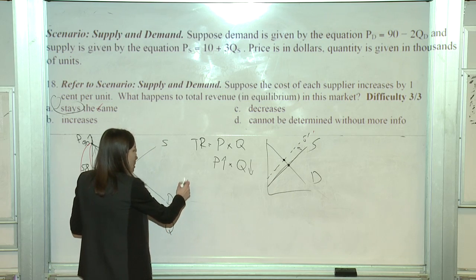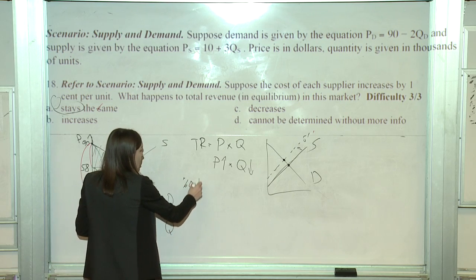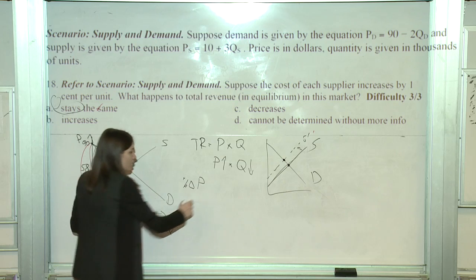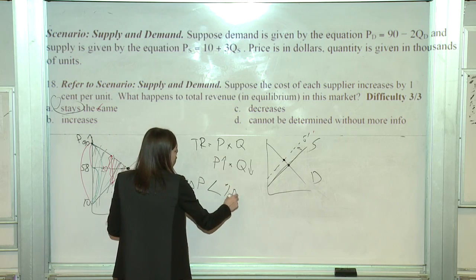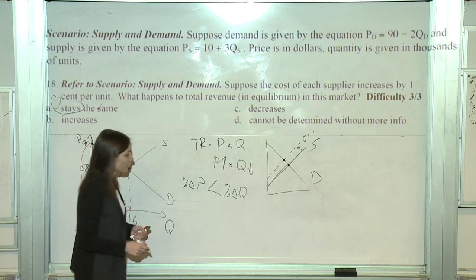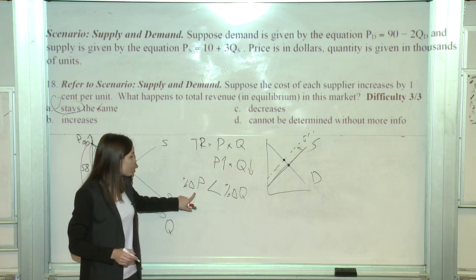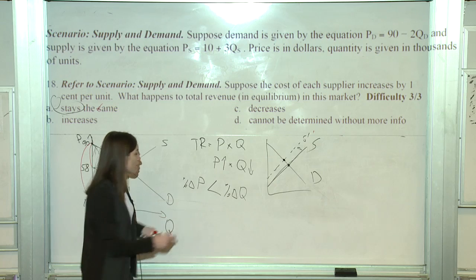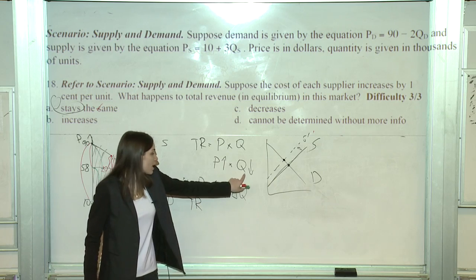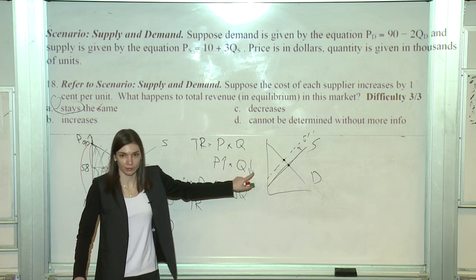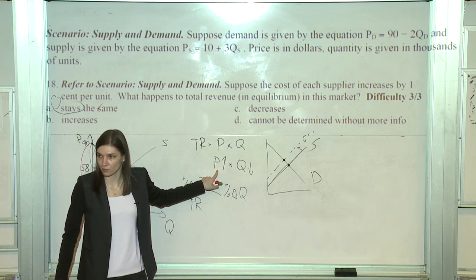So basically, if the percentage change in price is lower than the percentage change in quantity, okay? So percentage change in quantity is higher than percentage change in price. What happens to total revenue? So this is higher than that. The negative effect dominates the positive effect.